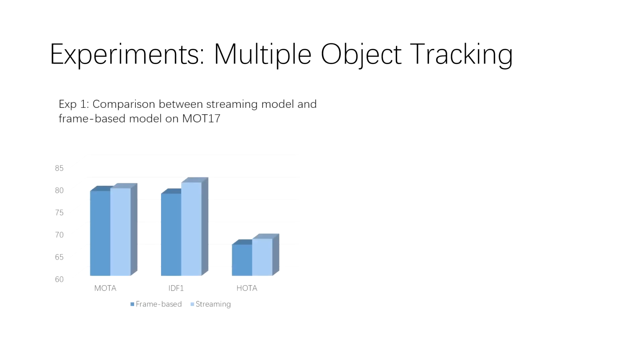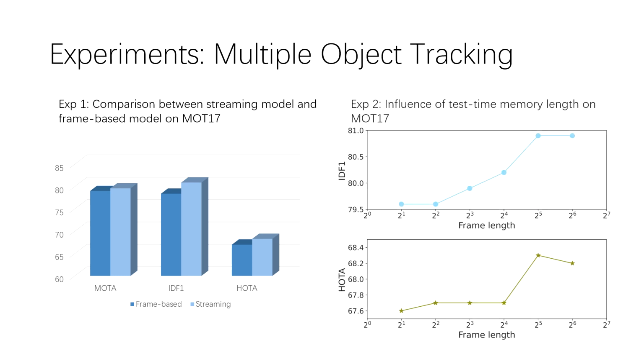In the first, we compared the streaming model with the frame-based model on the MOT17 validation set. It's evident that our proposed streaming model significantly outperforms the frame-based model across all metrics compared. In the second experiment, we analyzed whether a longer temporal memory improves results.